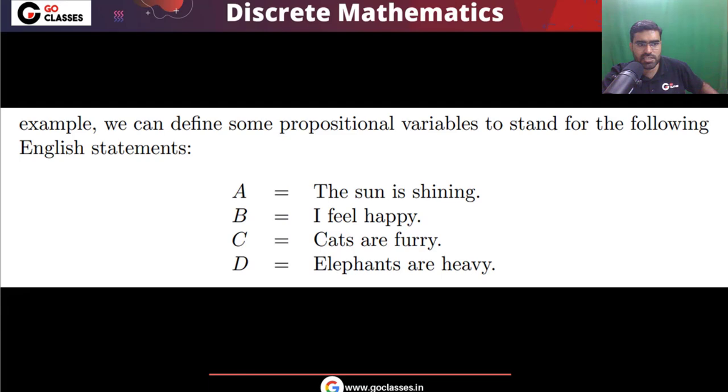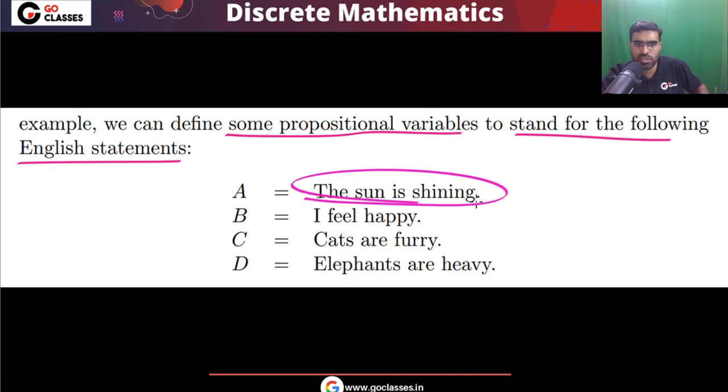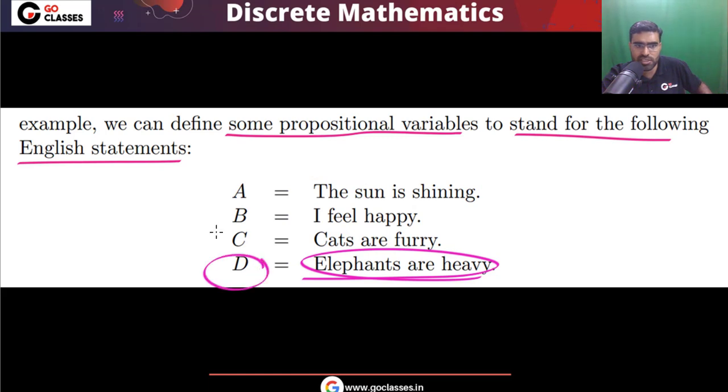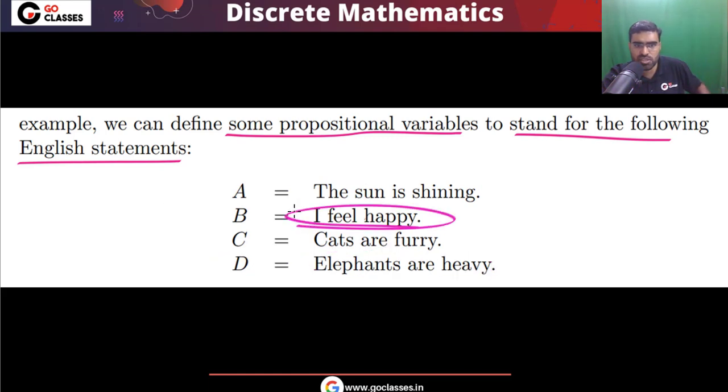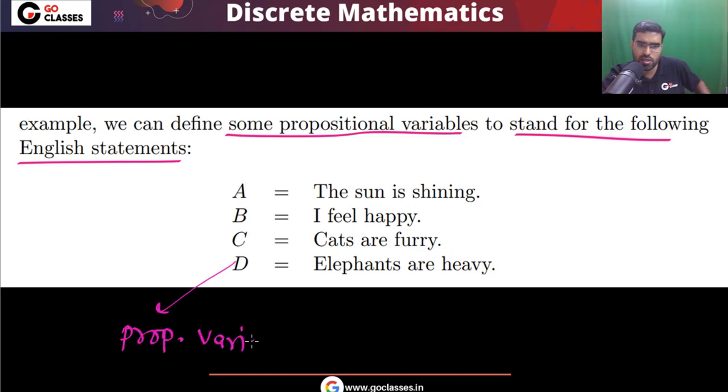So we can easily see that we use propositional variables to stand for the English sentences. This is a proposition represented by A. This is a proposition represented by D. This is a proposition represented by B. So these are propositional variables.